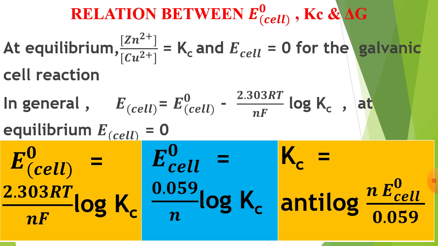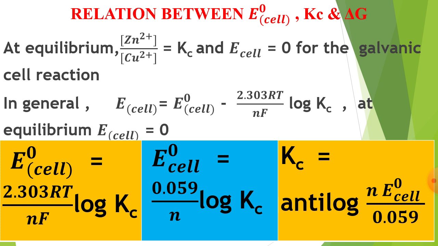At equilibrium, what happens here? The concentration of product by reactant, that is Zn2+ divided by Cu2+, is equal to Kc, which is known as the equilibrium constant, and E cell equals 0 for the galvanic cell reaction. In general, as we know, E cell equals E naught cell minus 2.303 RT by nF log Kc.